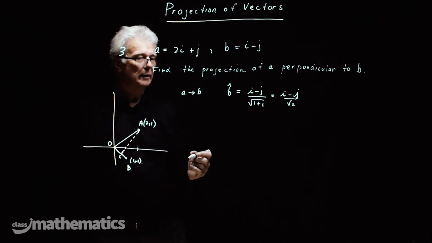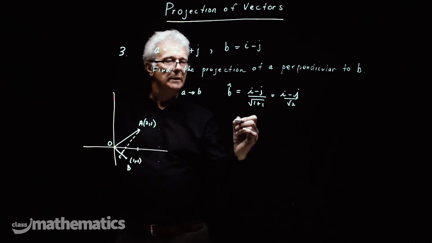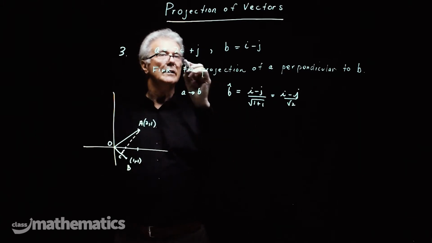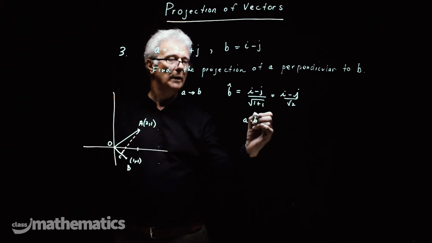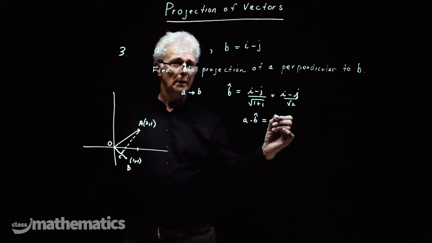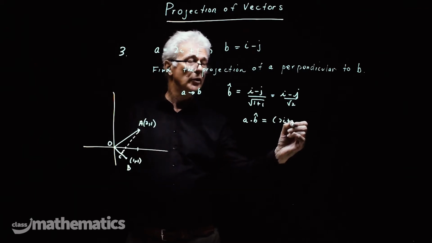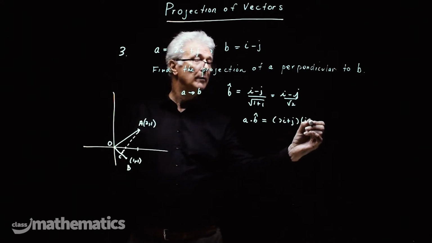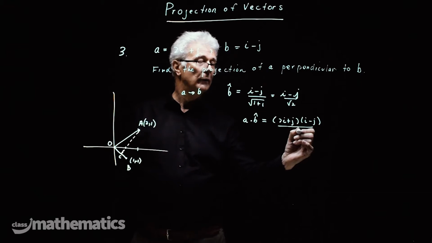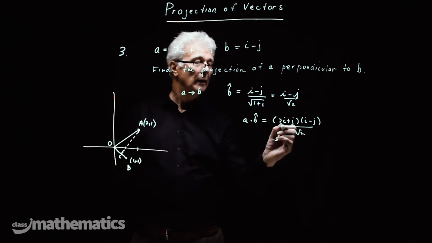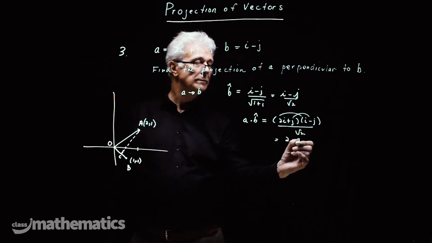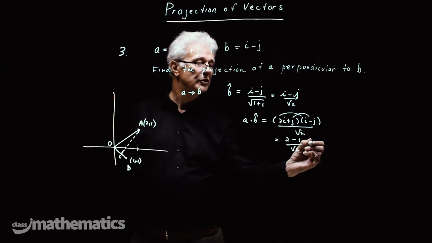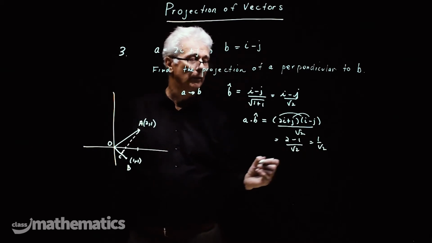Now to get the scalar projection of a onto b, that will be simply equal to a dot b, which is (2i + j) times (i - j) all over the square root of 2. That gives me 2 minus 1 over root 2, which is just 1 over root 2.